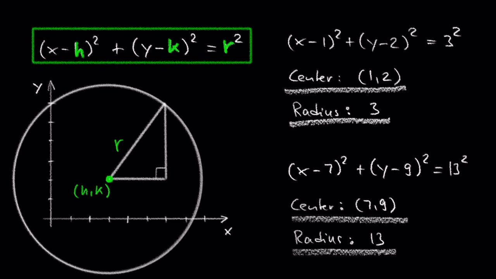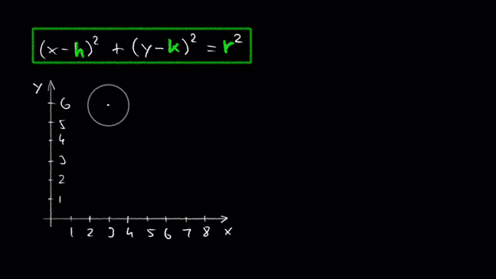Let's do two examples where we have to find out the standard equation of a circle where the graph of the circle is given. So let's look at this graph of a circle. What is the standard equation of this circle? Again, we just have to find out from the graph what the center and the radius of the circle is. So let's see. The center is 3, 6. And the radius is 1.